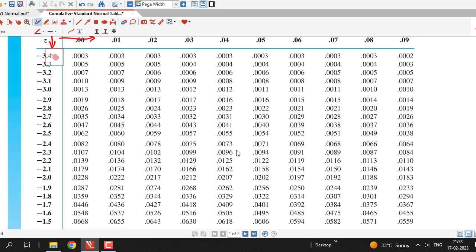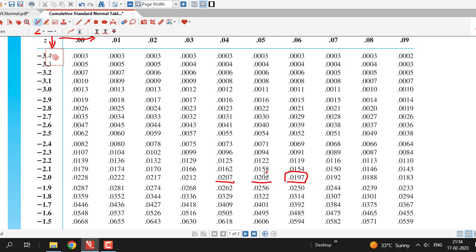So let's try to search for 0.02 here, and here we can see we have minus, this is 0.06, and I am interested in the 0.02 value. So you can see all these values are near to 0.02. This is 0.0207, 0.0202 and 0.0197.